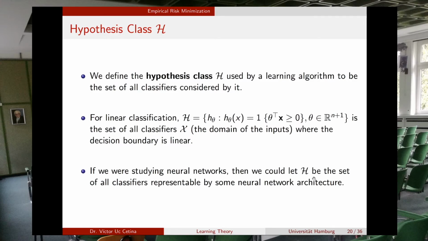For example, suppose that we say our hypothesis class will include all those neural networks that have 3 layers. At that moment, we will be specifying a hypothesis class. If we say, let's consider all the neural networks with 5 layers, then this is another hypothesis class.